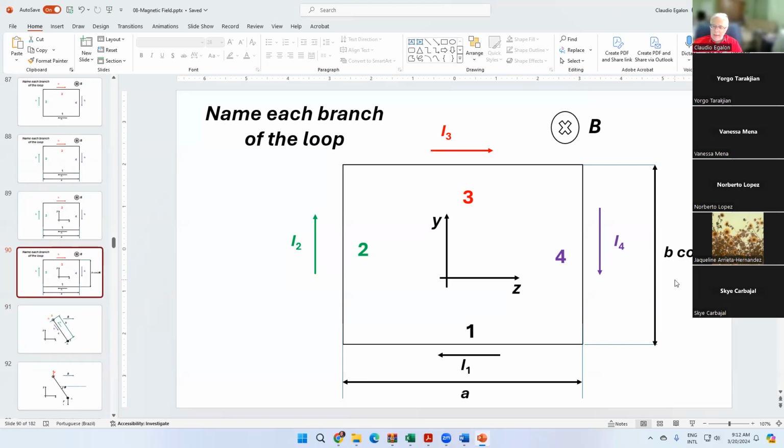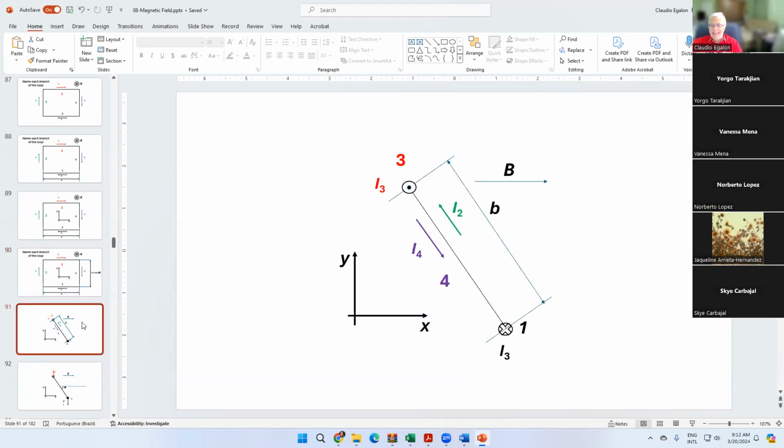I'm going to rotate around the y-axis, and the x-axis is going to appear. And now you see exactly how the loop looks sideways. Remember I told you that there is an angle theta there, right?